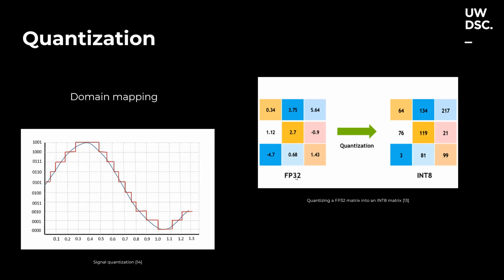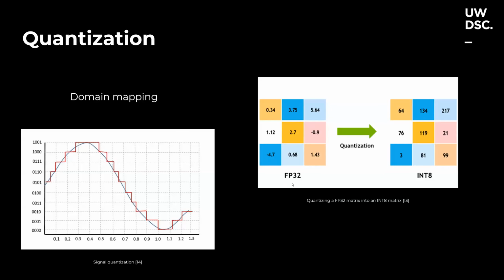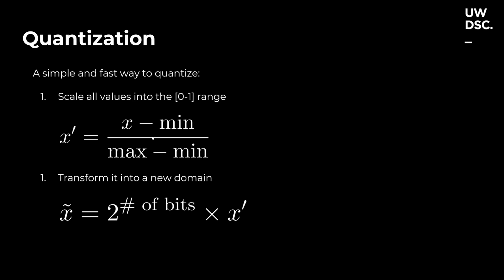So for floating point 32, it consists of mostly useless information because it is very precise. And for a smaller network, we don't need that precision. So we can do quantization on it. So let's see how to do that. For example, we have input X. We just basically scale the matrix. So this FP32 matrix, scale it into the range of 0 to 1.